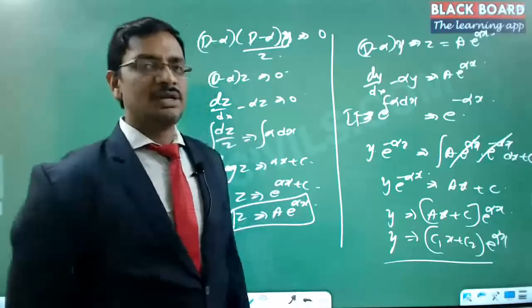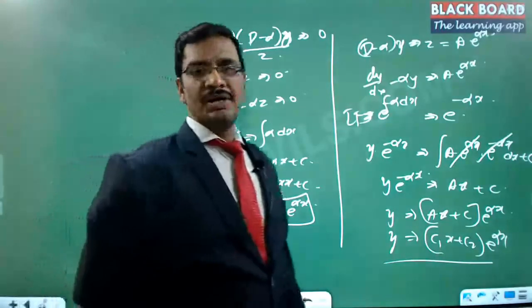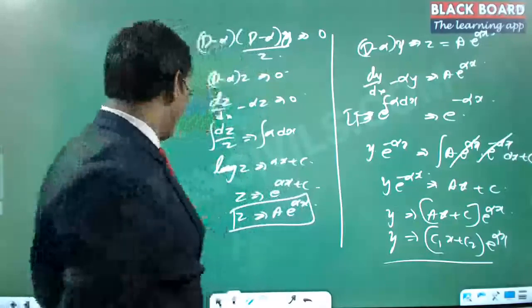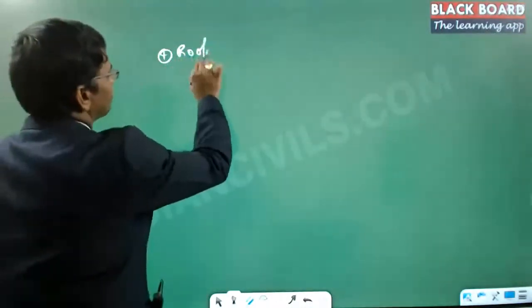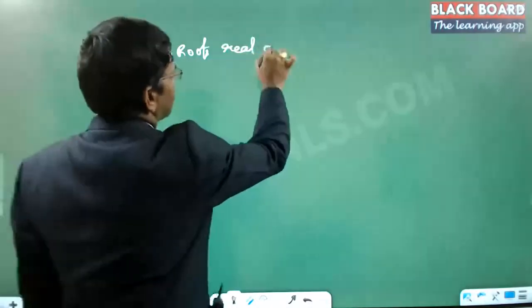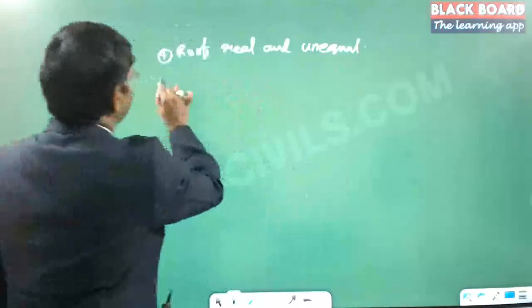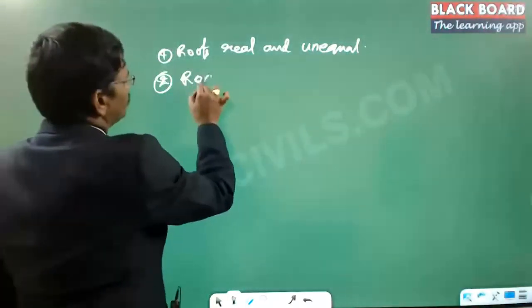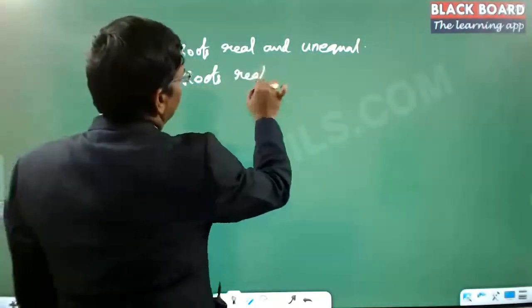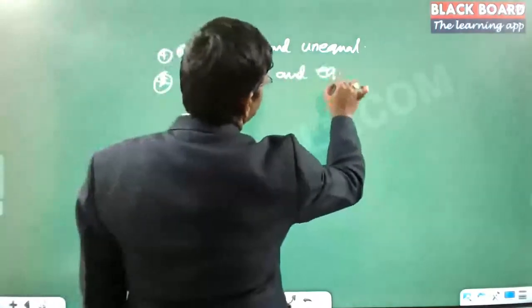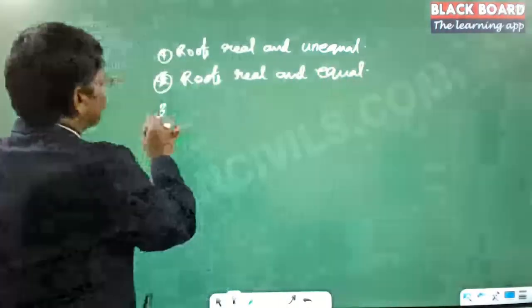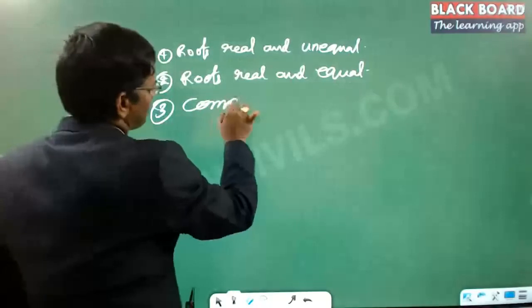Now suppose the roots are complex conjugates, because quadratic equation roots can have three different variations. One is roots real and unequal, the second one is roots real and equal, the third one is complex conjugates.